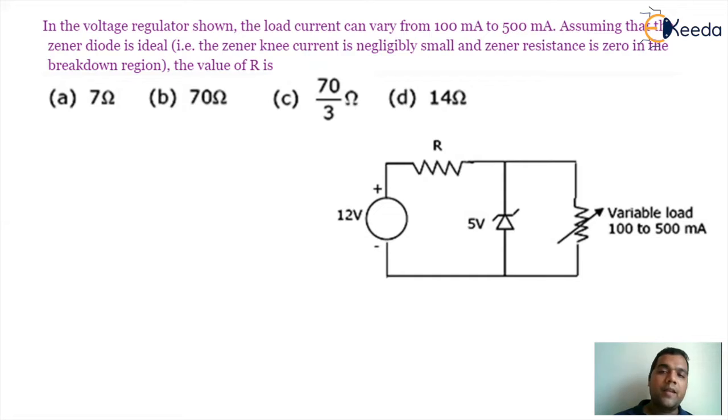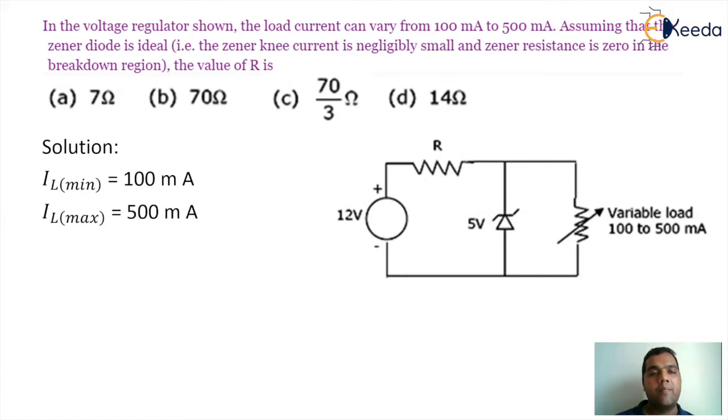The input supply given is 12 volt and the Zener voltage is 5 volt. So the first thing is we will find the value of load current, minimum given as 100 milliampere and maximum given as 500 milliampere. Since IZ is negligible, we can take IN is equal to IL.